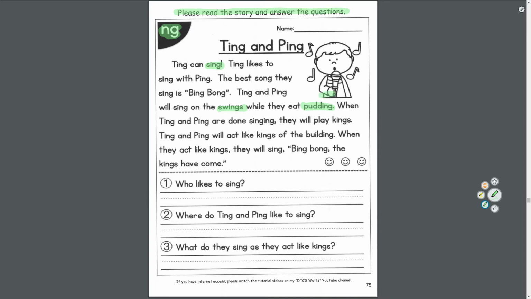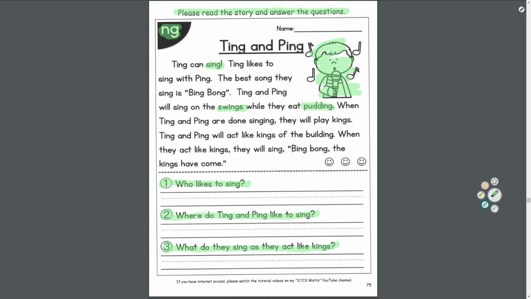Okay, let's look at the picture. I see a guy, he's singing into a microphone. Number 1, who likes to sing? Number 2, where do Ting and Ping like to sing? Number 3, what do they sing as they act like kings?